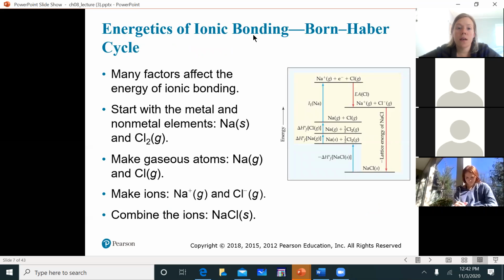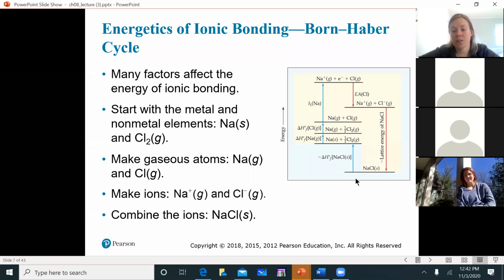As far as the energetics of ionic bonding, here is an image of energy. So higher energy up here, lower energy down here. Anytime we are going from an ion or 2 ions in gaseous form to the solid, this is known as the lattice energy, okay?